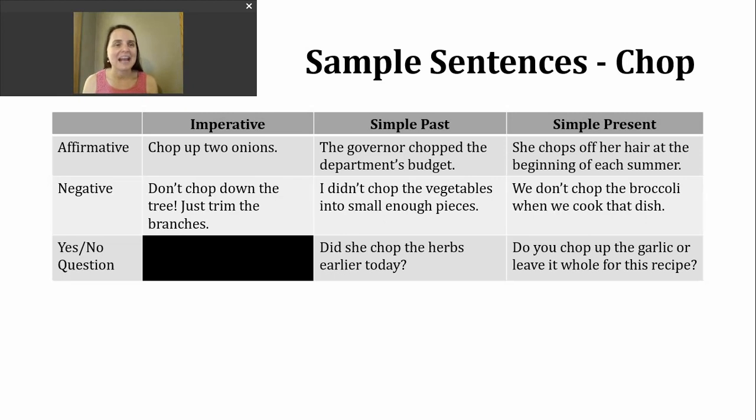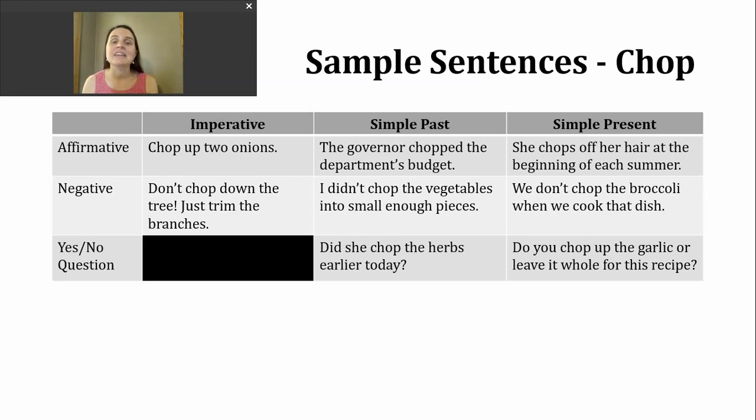So again, this is not a knife or an axe being used, but it's just referring to a reduction, to reduce something. And the nice thing about simple past tense is no matter what my subject is, we're always going to use that past tense form.